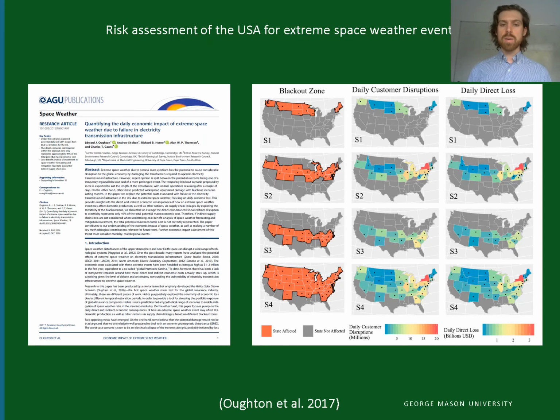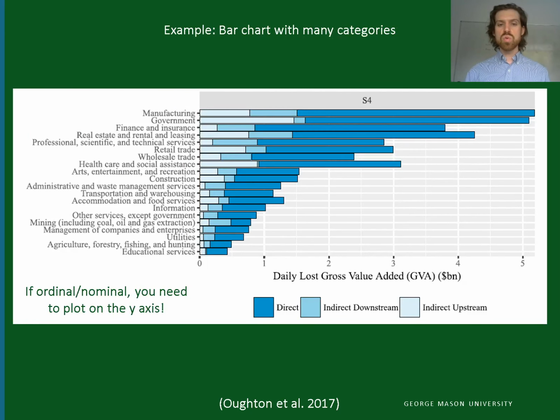Anyway, I used a set of bar plots to demonstrate the comparative loss across industrial sectors in the United States. You can see here that on the y-axis, as this is nominal data, the categories go on the y-axis.